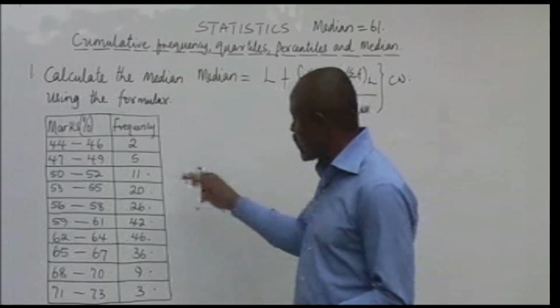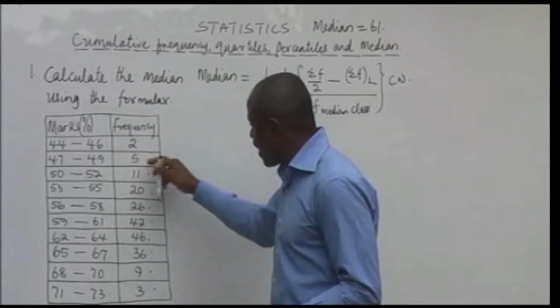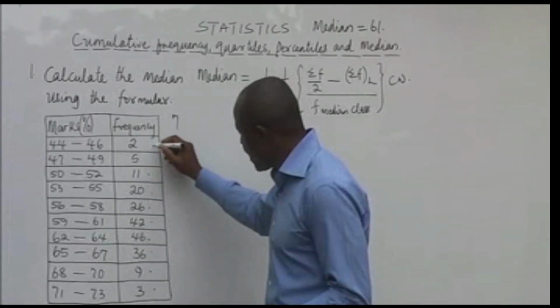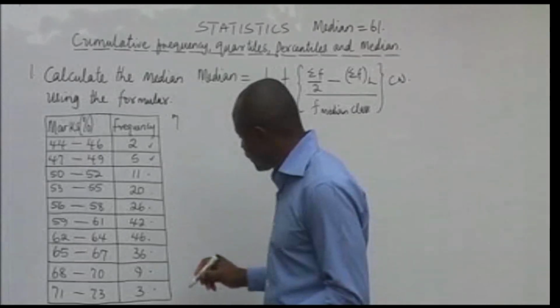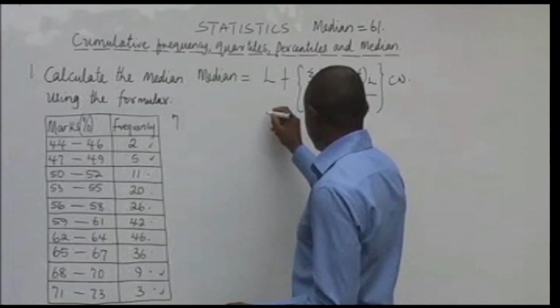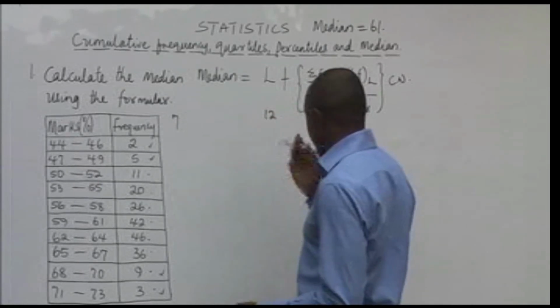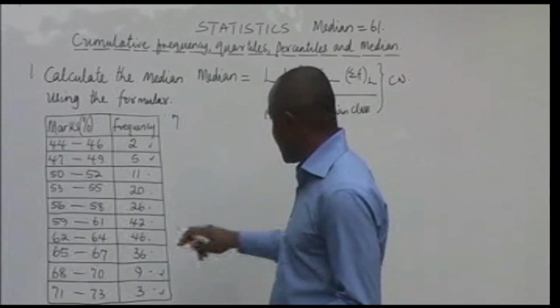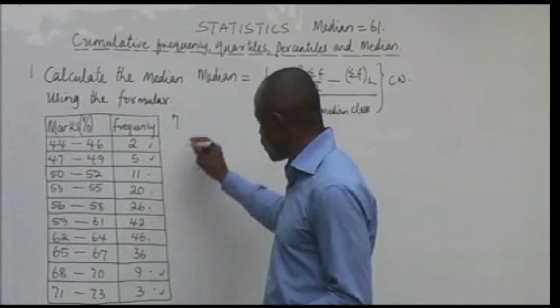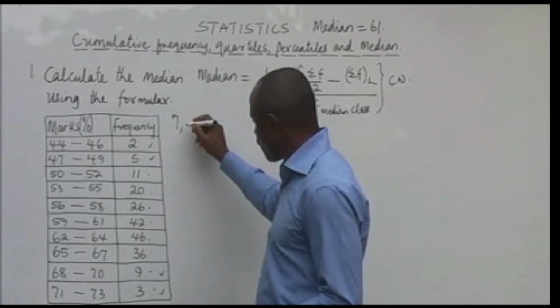What do I mean? 2 plus 5 is 7. We have added this and this. 3 plus 9 is 12. So we have 12 here. So add this to 7 now. 7 plus 11 is going to give you 18.